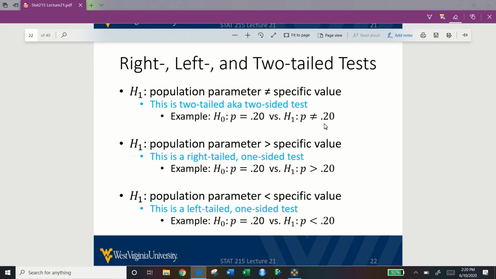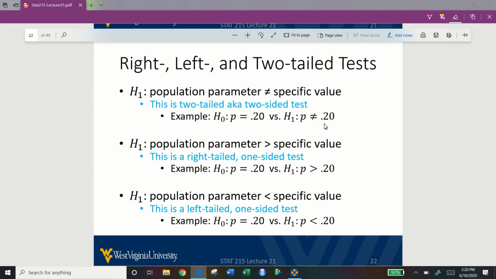So, if our hypothesis asks us for simply a difference, that is a two-tailed hypothesis, and using our ingot example, we would write it as H naught colon P equals 0.20 versus H1 colon P does not equal 0.20.